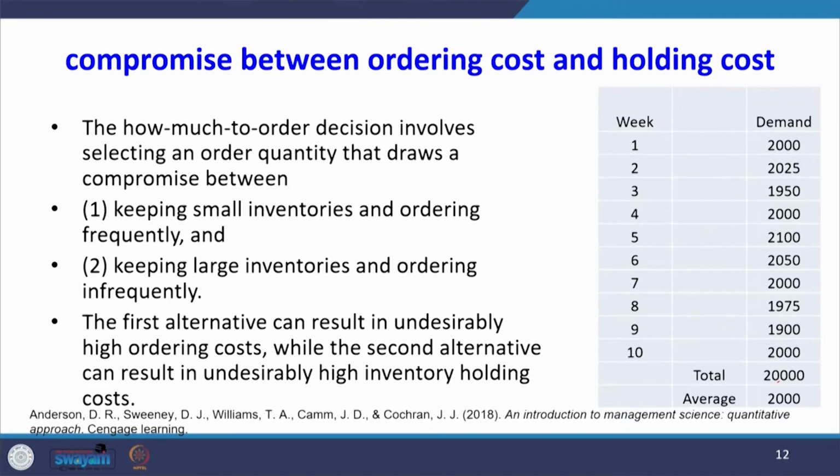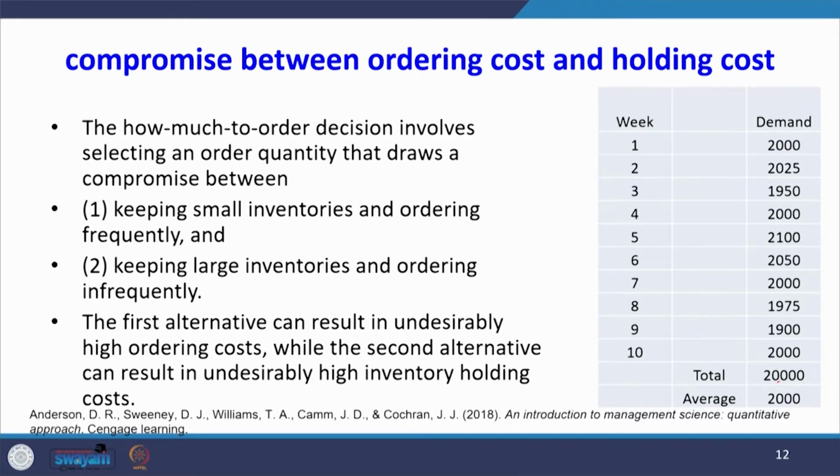On the contrary, if you keep large inventories and order infrequently, there will be more holding cost. So, the first alternative can result in undesirably high ordering cost, which one? When we keep a small inventory, while the second alternative can result in undesirably high inventory holding cost. So, now we need to have the compromise between ordering cost and holding cost.